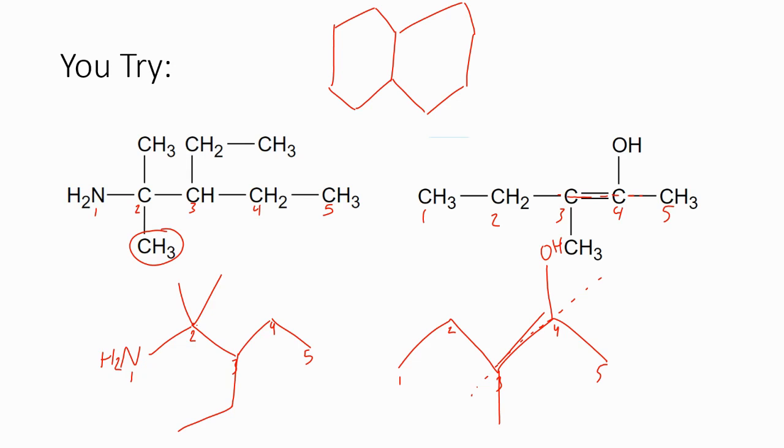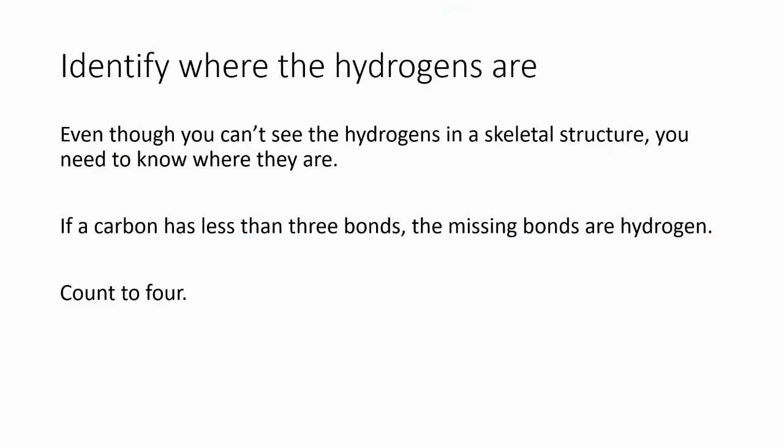I think we have one more slide. We're going to practice finding the hydrogens. Okay, good. So remember, even if we can't see the hydrogens in the skeletal structure, they're still there. You need to be able to identify them. And I just use the count to 4 rule with carbon.